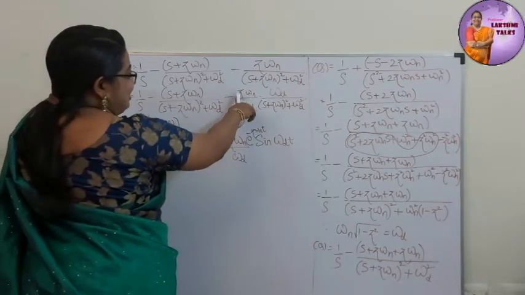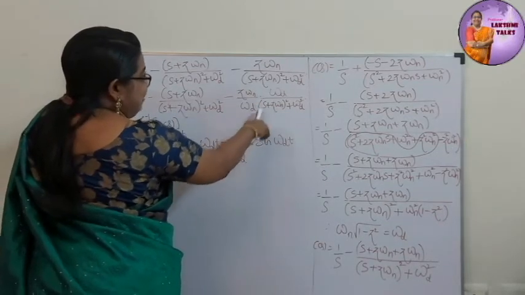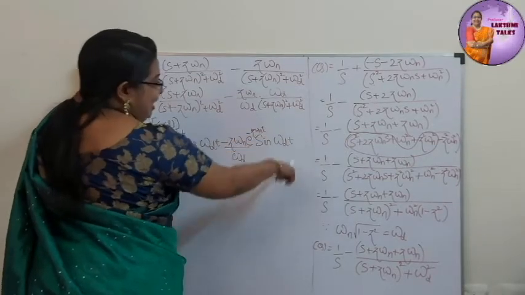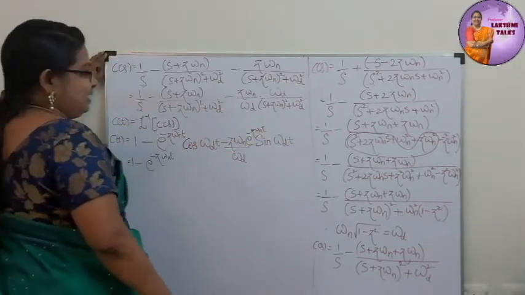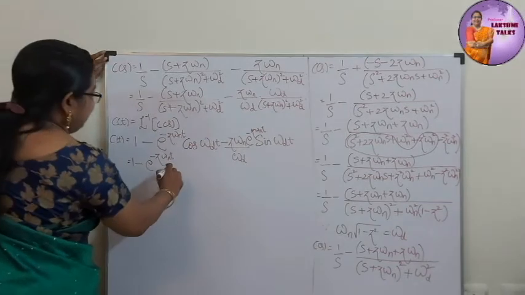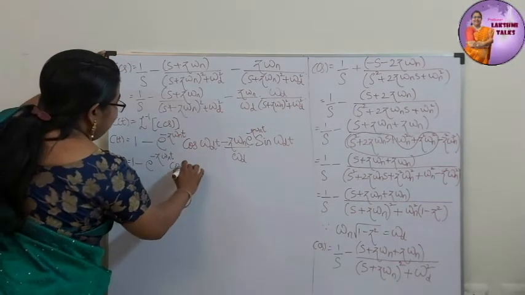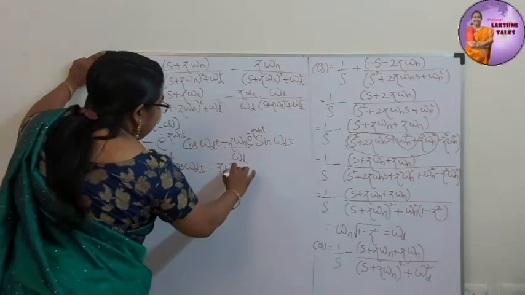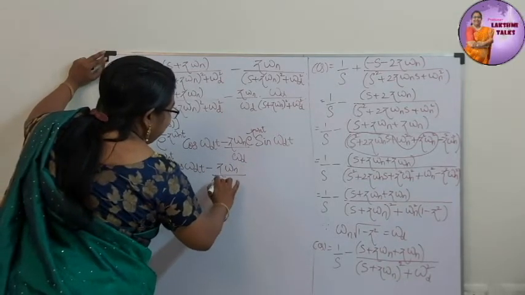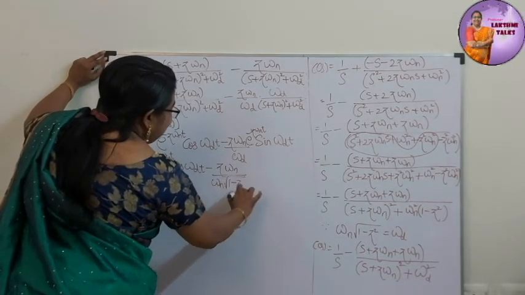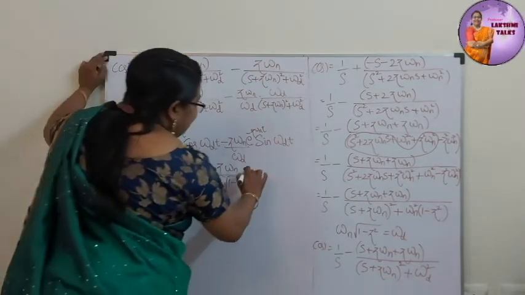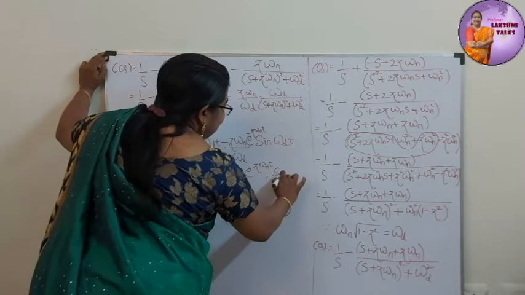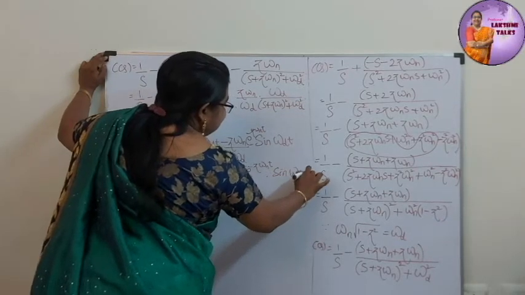So zeta omega n divided by omega d, e power minus zeta omega n t, then sine omega d t. Now, cos omega d t minus zeta omega n divided by omega n root of 1 minus zeta square, e power minus zeta omega n t, then sine omega d t.